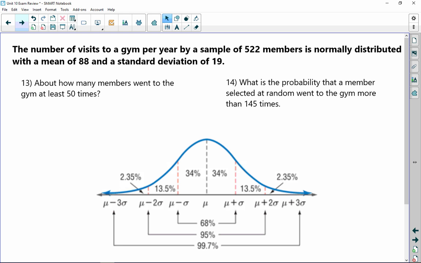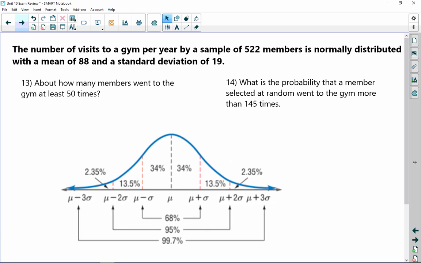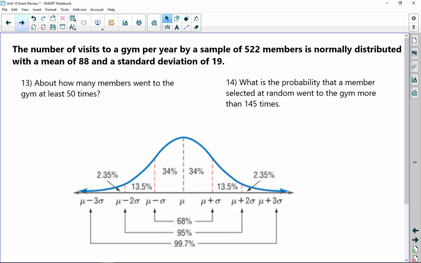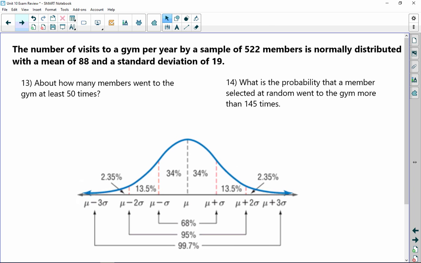Number of visits to a gym per year by a sample of 522 members, normally distributed, with a mean of 88 and a standard deviation of 19. Okay, now, again, remember, this is only for 100%, right? Or 100 people or 100 samples.